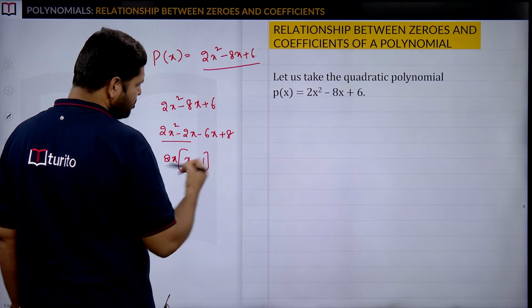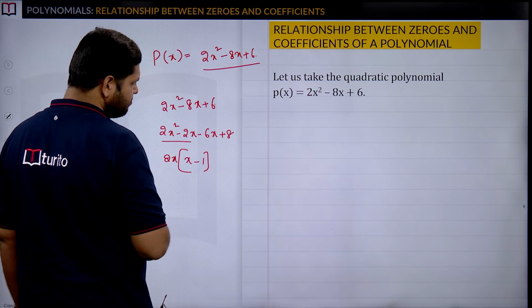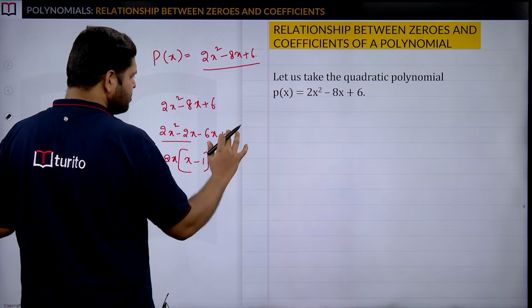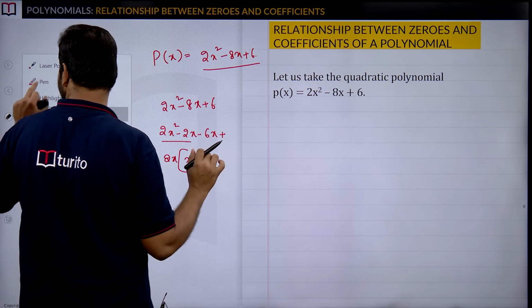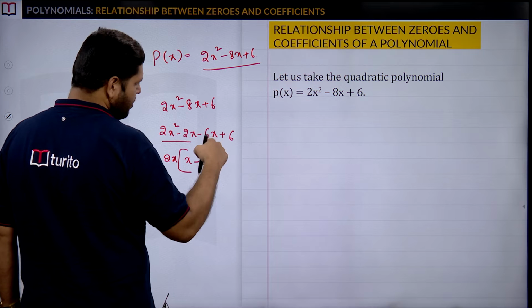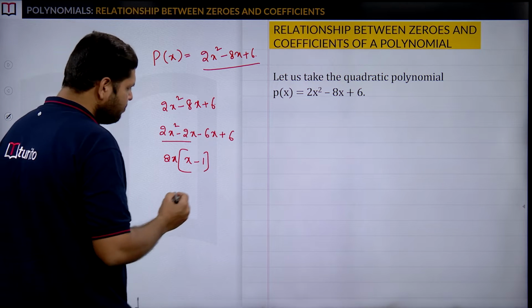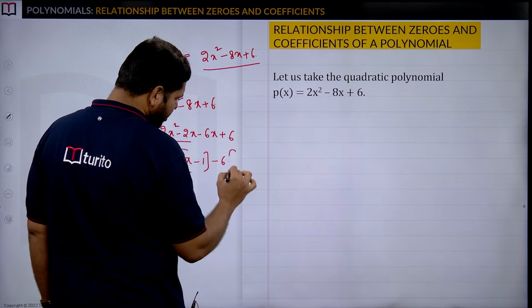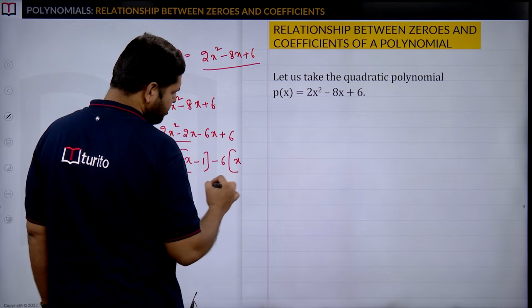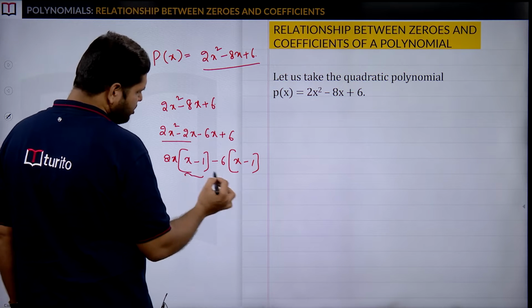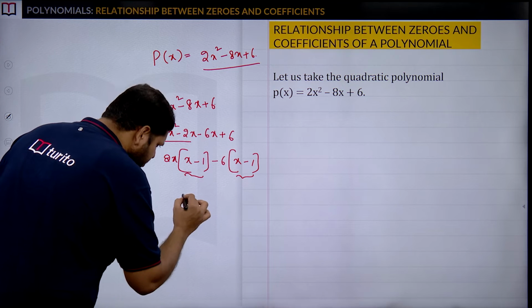And from the other part, what can I take as common? Can I take 6 as common? I am taking minus 6 as common. If I take minus 6 common, this is x minus 1. Now children, overall x minus 1 is common.